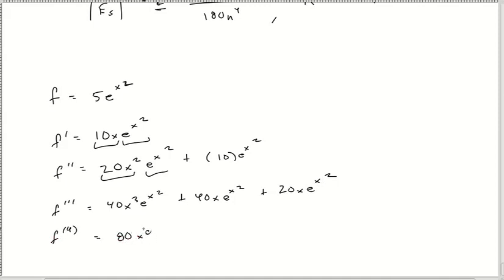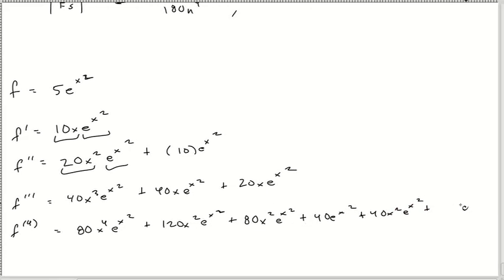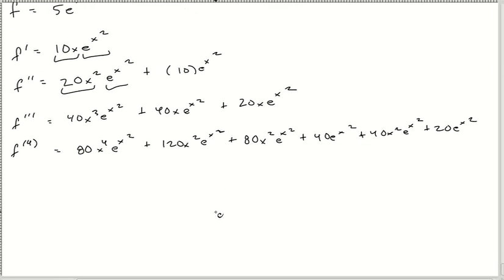So 80x to the fourth e to the x squared plus 120x squared e to the x squared plus 80x squared e to the x squared plus 40 e to the x squared plus 40x squared e to the x squared plus 20 e to the x squared. And some of that will combine.